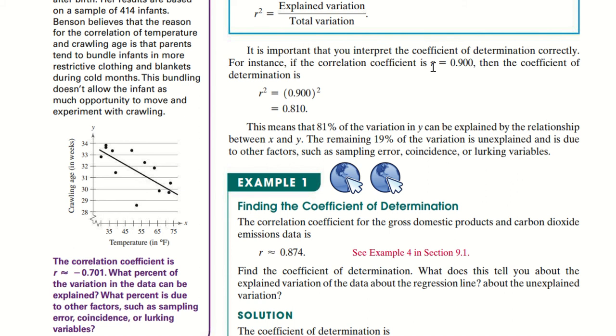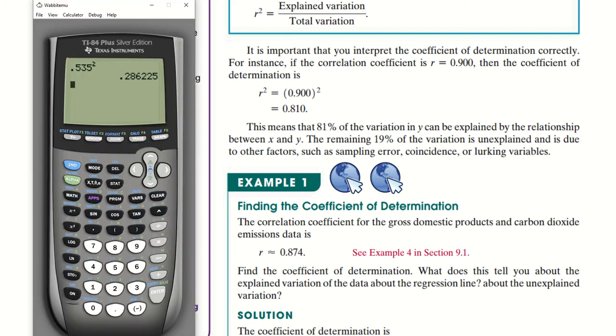For example, let's suppose that somebody told us that the correlation coefficient R was about 0.900. Then to calculate the coefficient of determination, we would just do 0.900 squared, and that would give us 0.81, which would be the coefficient of determination.